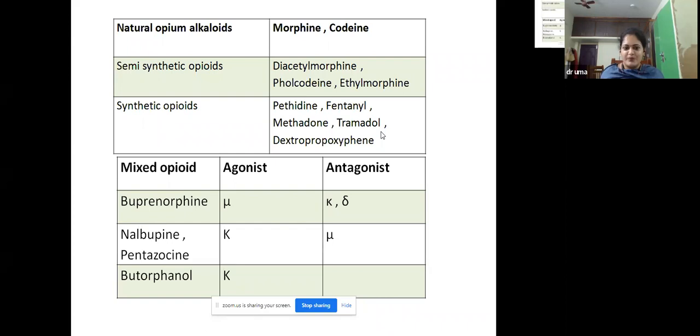Then mixed opioid agonist and antagonists. Kappa analgesic is butorphanol, which acts on the kappa receptors. The drugs which have kappa agonist and mu antagonist action are nalbuphine and pentazocine. Buprenorphine has mu agonist, kappa and delta antagonist action.